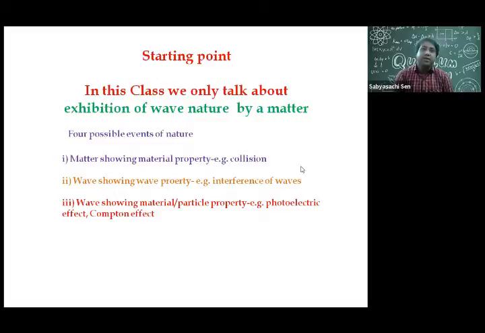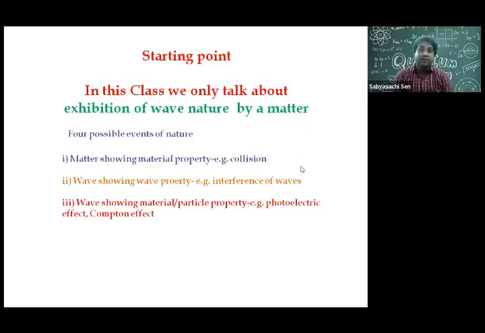In general, we call it scattering, superposition, and interference. In some classes, you also learned about the particle nature of the wave, the photonic concept. So the material nature of matter, the wave nature of wave, the particle nature of the wave, everything you know.